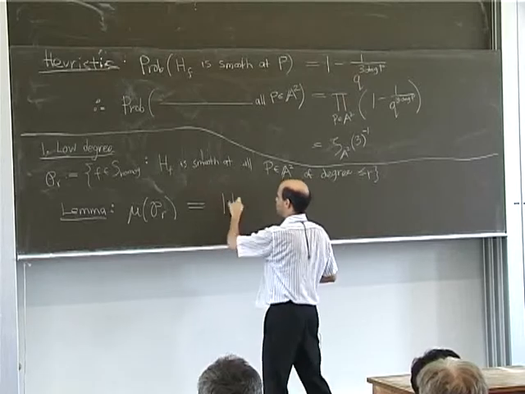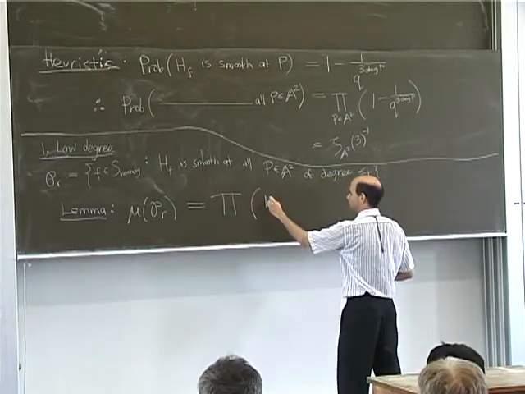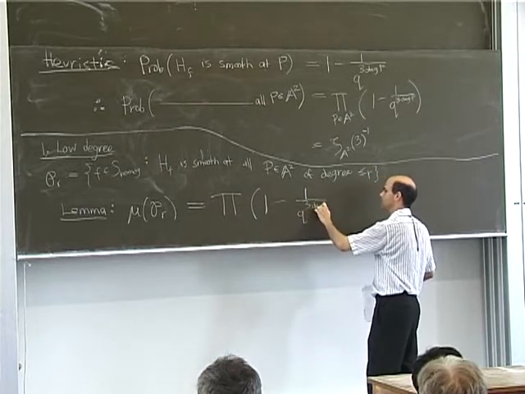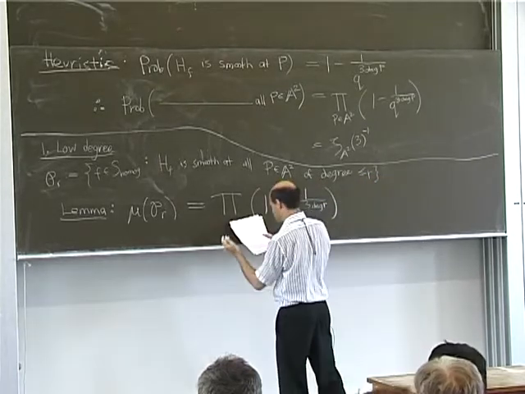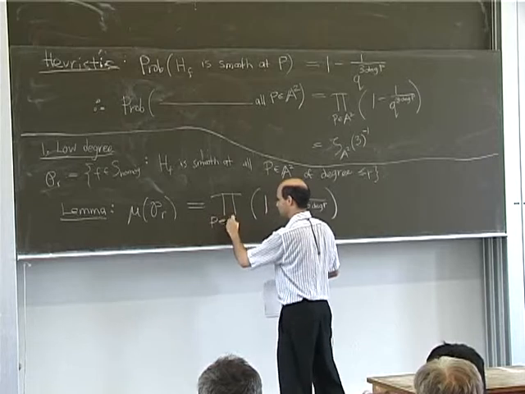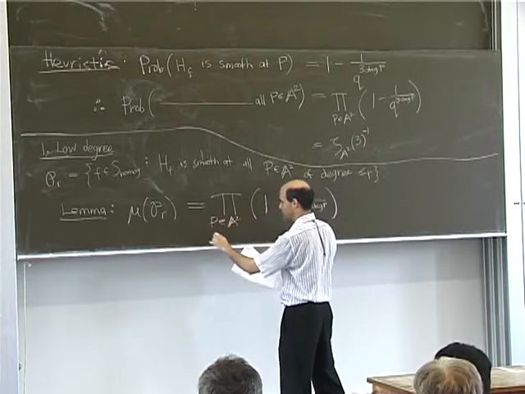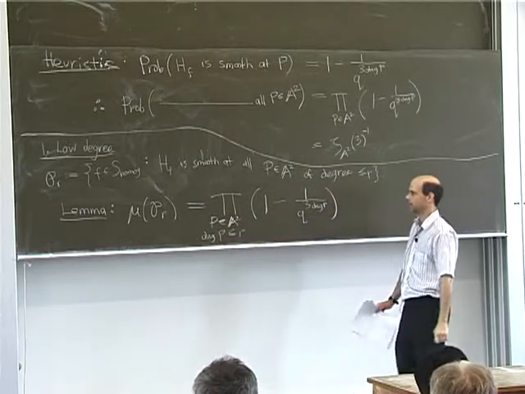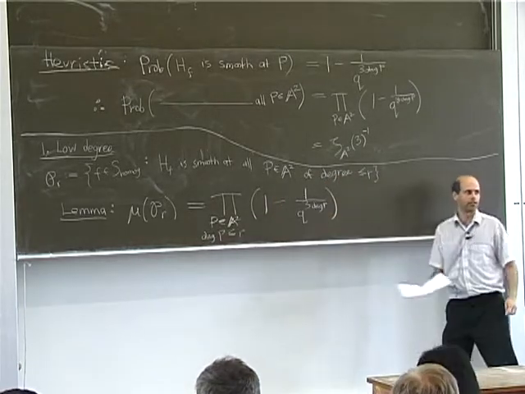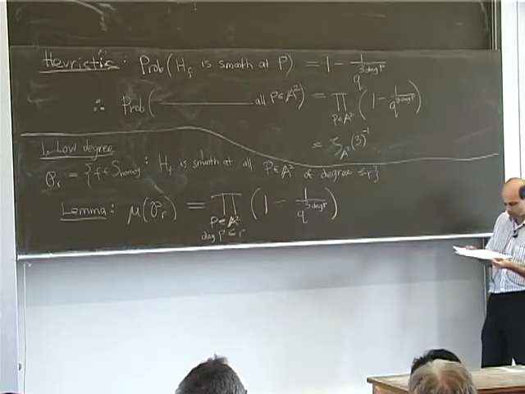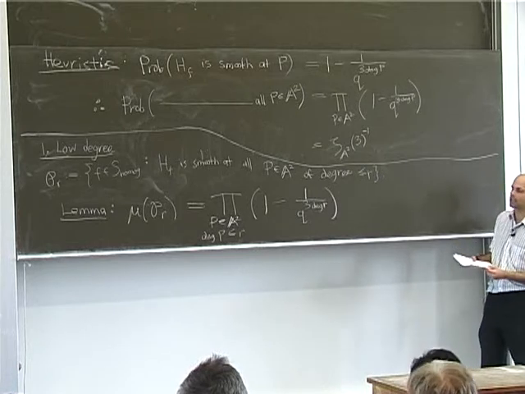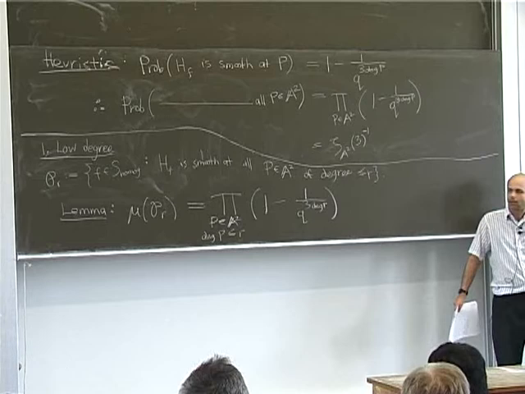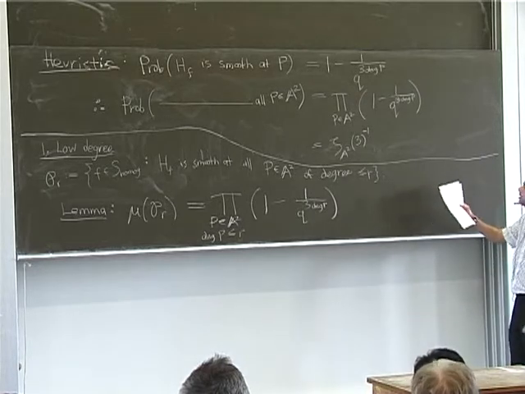Namely, it's the product of 1 minus q to the 3 degree of P, for the closed points in A2 of degree less than or equal to R. So this is a finite product. How do you do this? It's essentially the same argument as for this lemma: you use the Chinese remainder theorem.